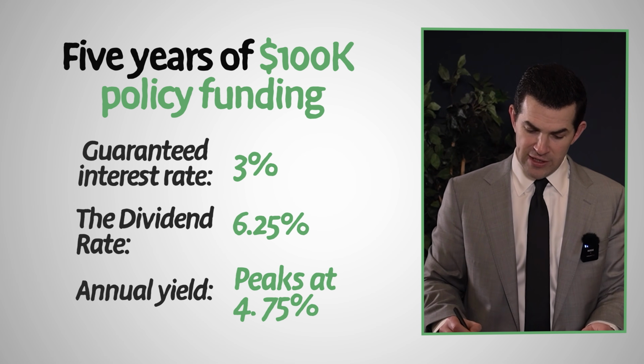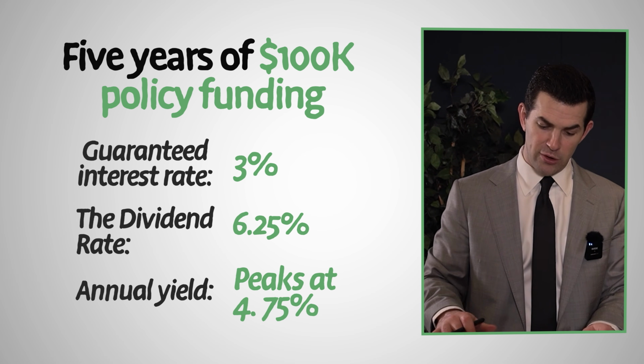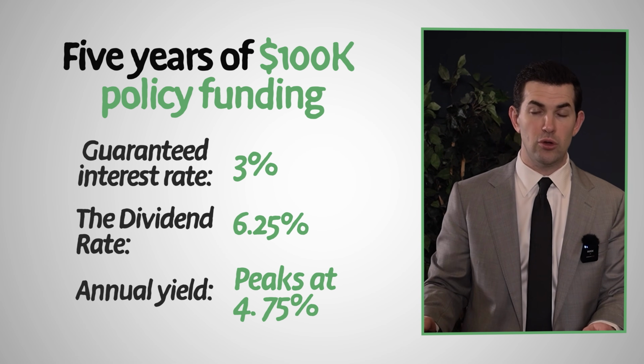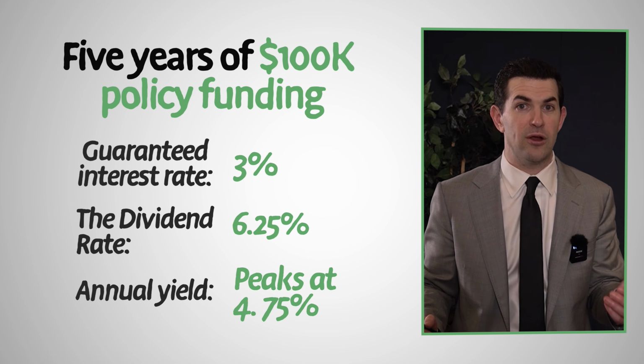Now, if we look at a different product that has a lower guaranteed cash value interest rate, you'll notice that the guaranteed values look worse because I have a lower guaranteed rate. So this is meant to illustrate that insurance companies create some products that are more favorable in terms of cash value growth and other products that are more favorable in terms of death benefit growth.